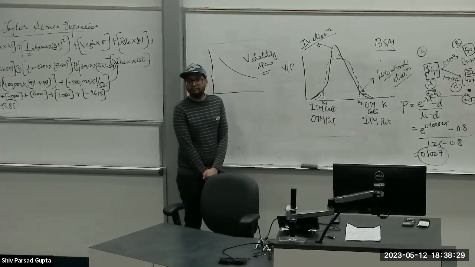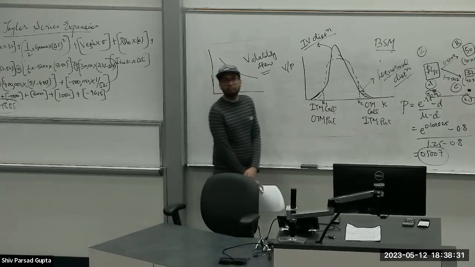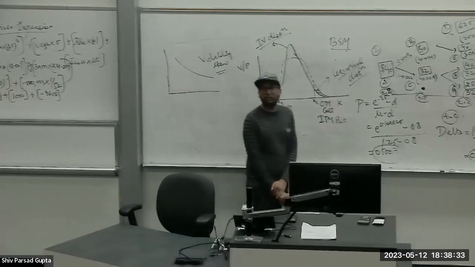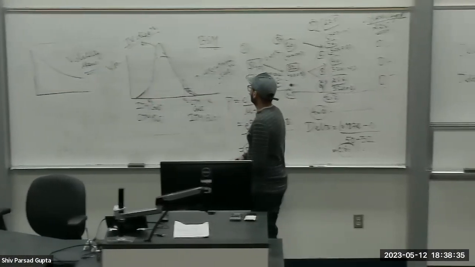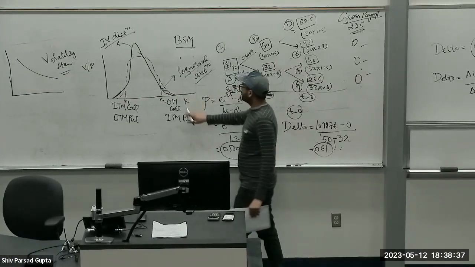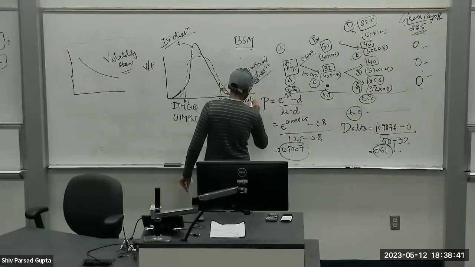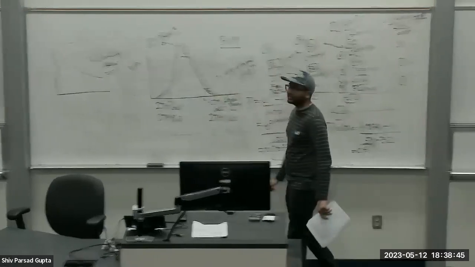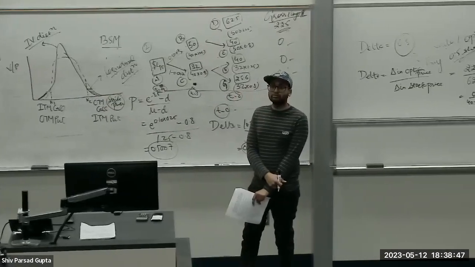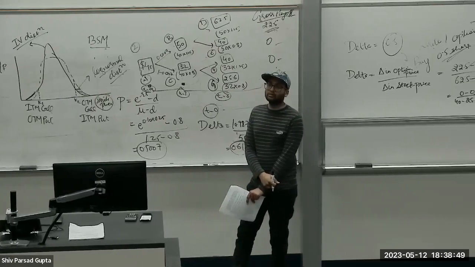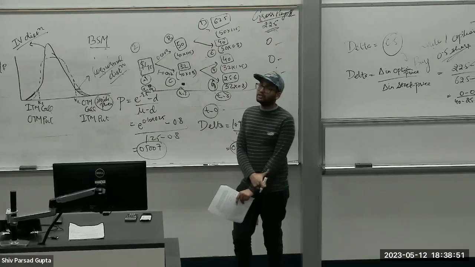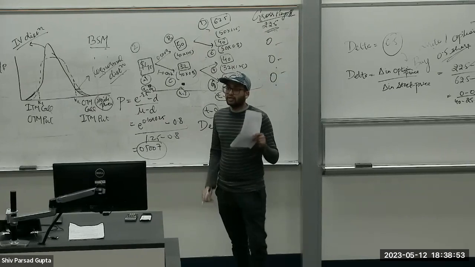Any question? In the money call, out of the money put. On the x-axis, we take it as strike price. And for the call option, what is the payoff? S naught minus K. And when is the call in the money, at the money, out of the money?